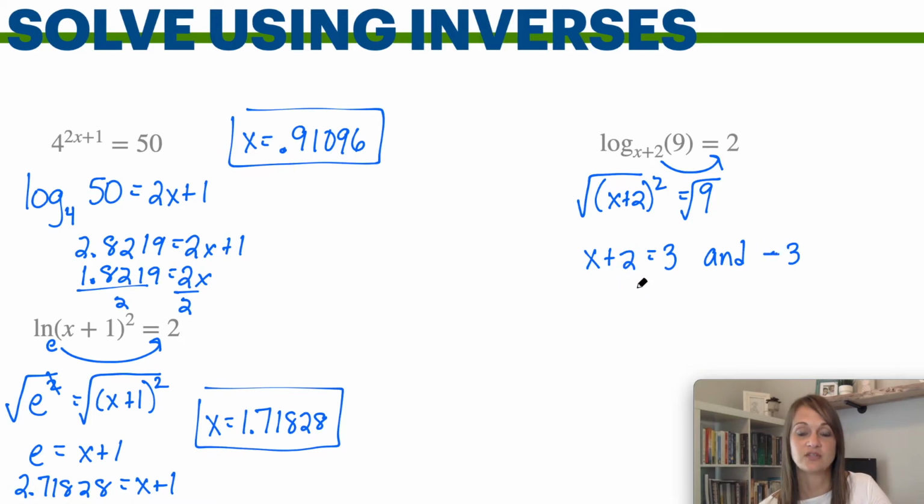If we subtract 2, we'll get x equals 1, but when we subtract 2 here, we will get negative 5. If you plug negative 5 back into the original function, you would have the log that has a negative base, which is not allowed, so your answer is only x equals 1.